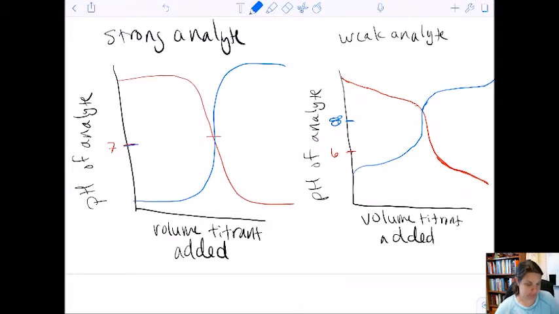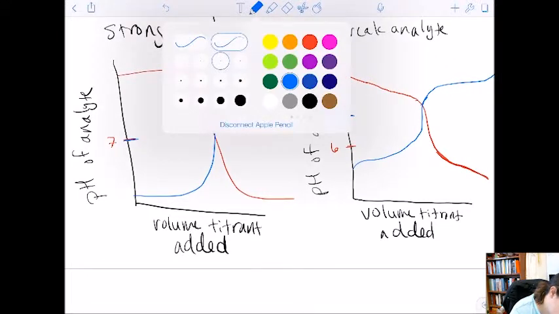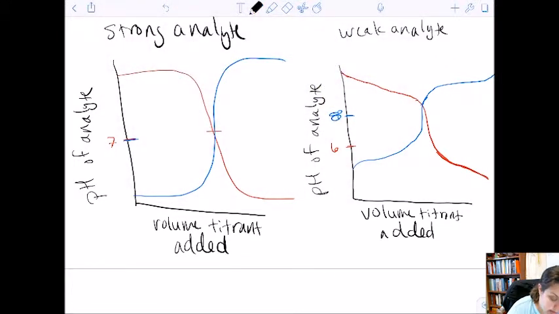basic salt that's produced. And another thing I want to note: halfway between your equivalence point and your starting volume, somewhere halfway between these 2 points, we have our pKa equaling pH.